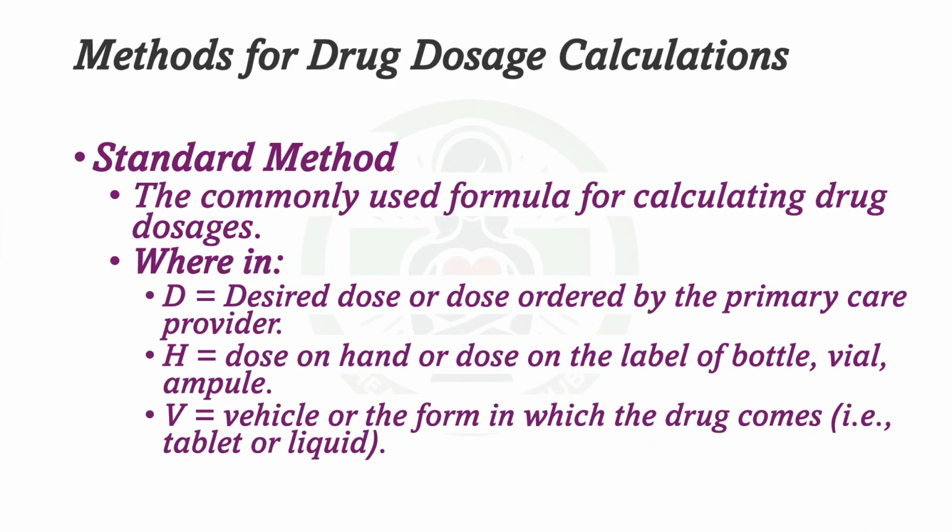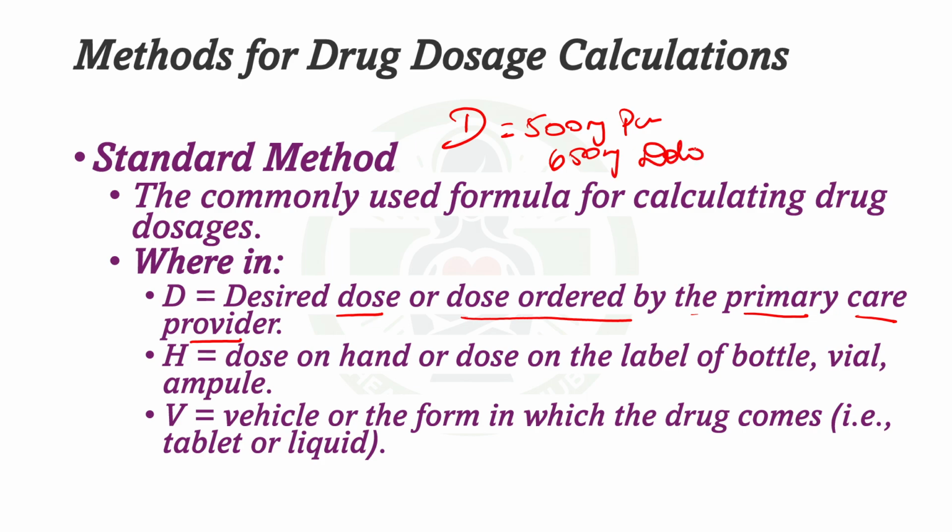Then let's start the calculation. This is the standard method of calculating drugs. The first one is D. D stands for desired dose, or the dose ordered by the primary care provider. So whatever the doctor is ordering, like he may order 500 mg of PCM or 650 mg of Dolo, but you have only 500 mg of Dolo.